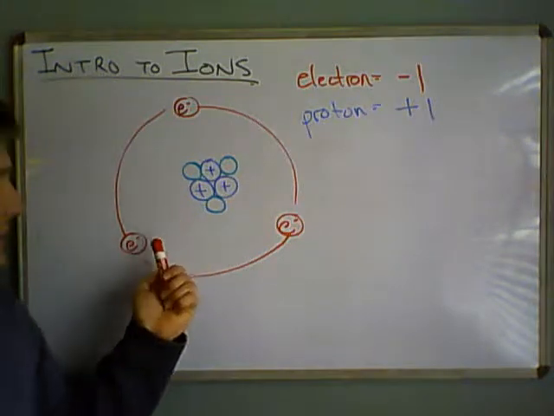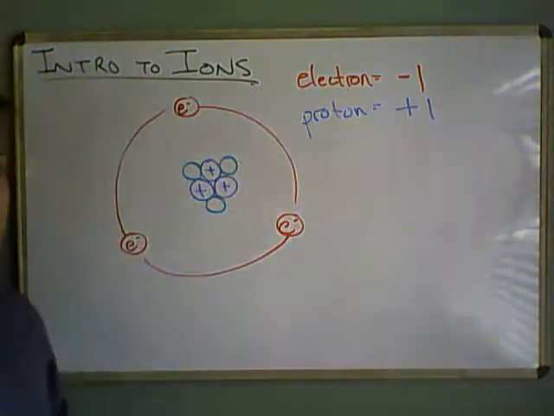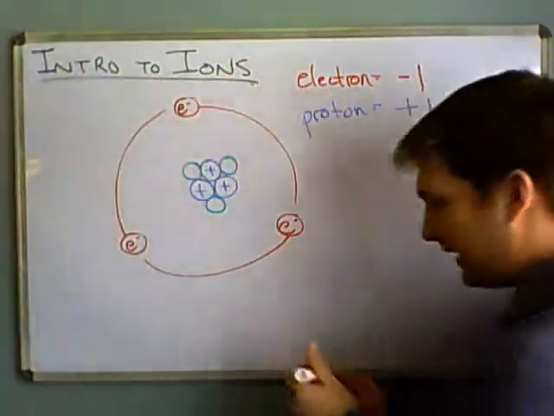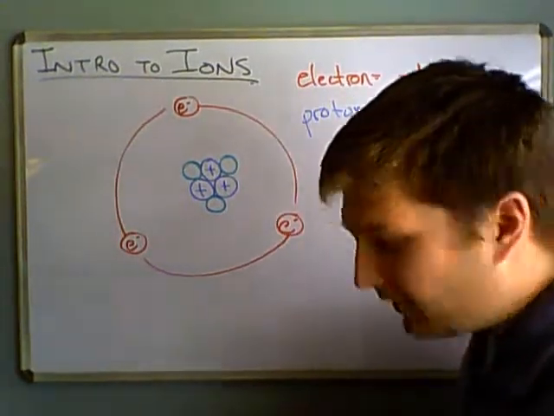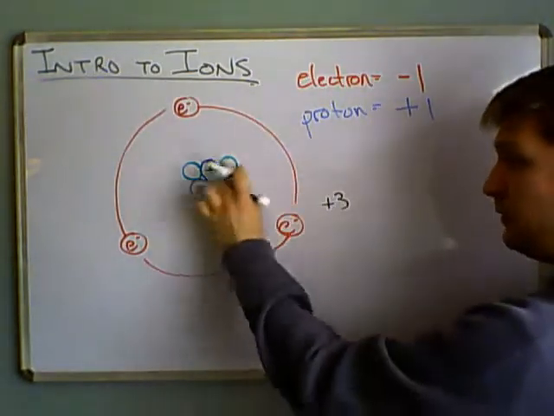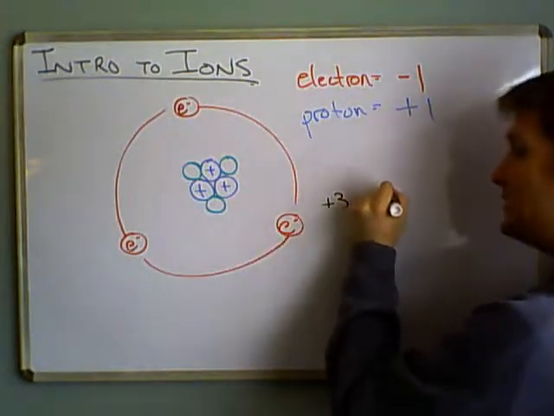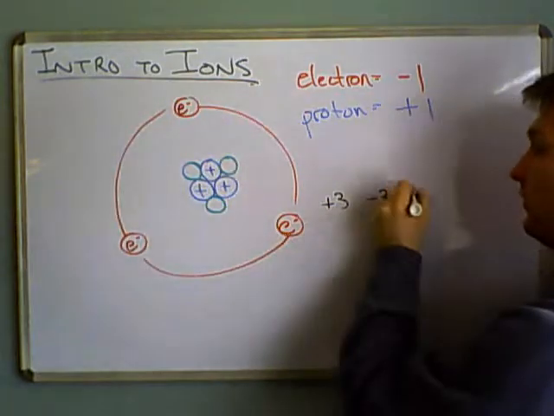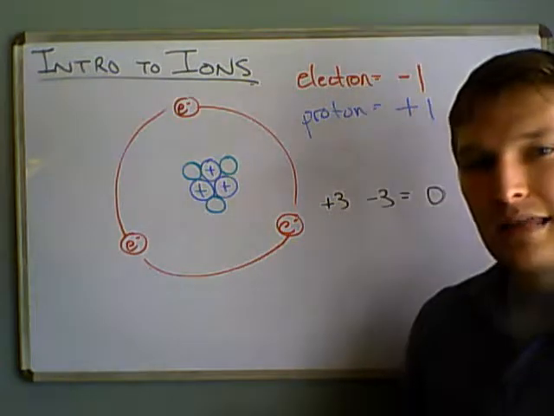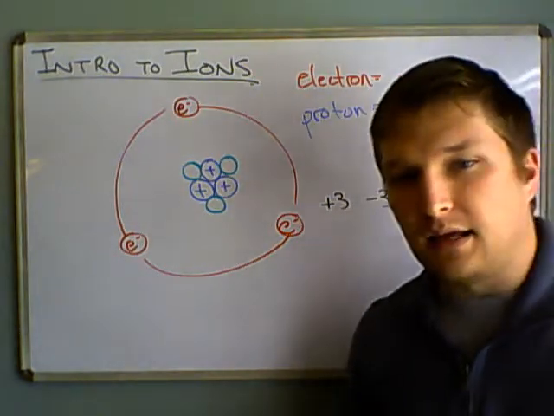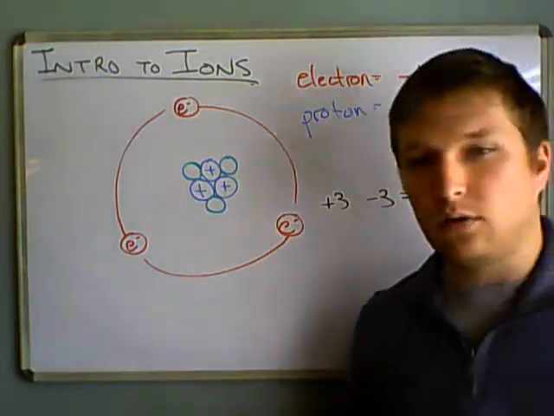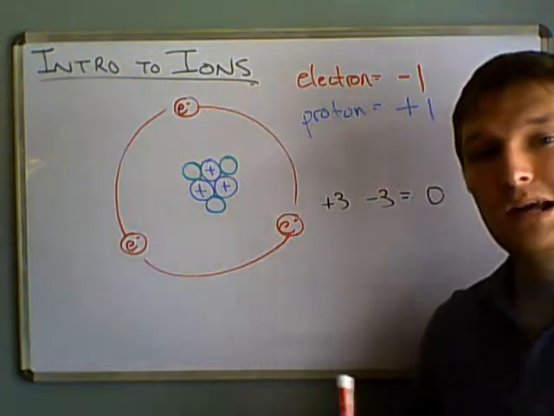Since there are 3 electrons, altogether this atom has a charge of +3 from the 3 protons and -3 from the 3 electrons. So overall, it has a charge of 0. And we say that it's a neutral atom. It doesn't have a positive or a negative charge on it.